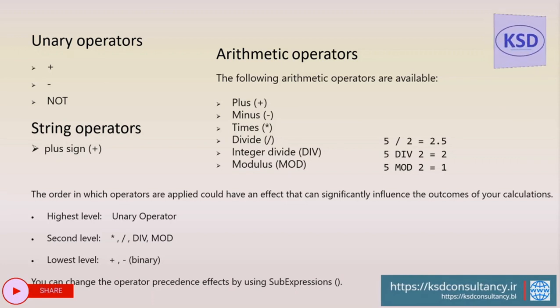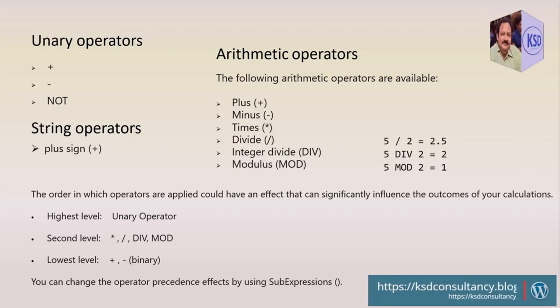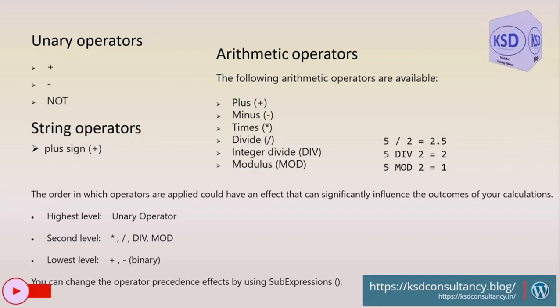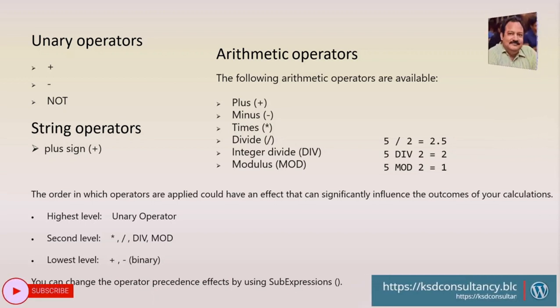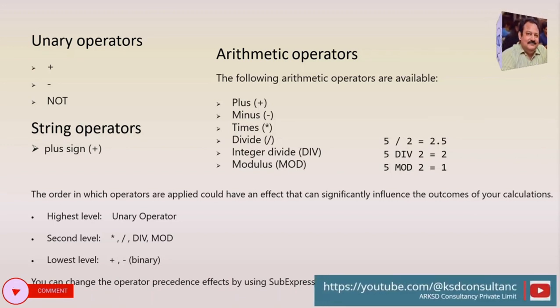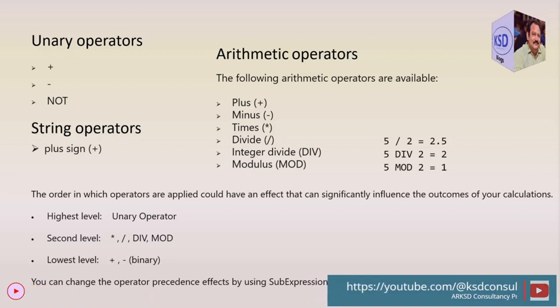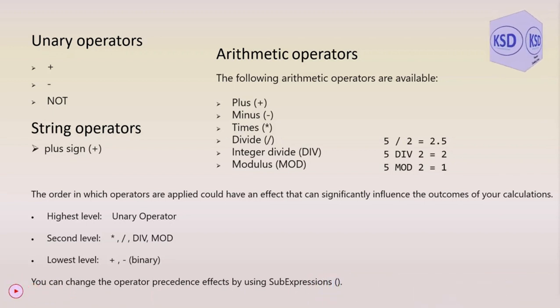So A plus B: two terms, and in between there is an operator, plus, which means you are adding. In the case of a string operator, it will concatenate two strings, because if we are adding two strings, it doesn't give you any numeric value. It will concatenate the values of both strings.